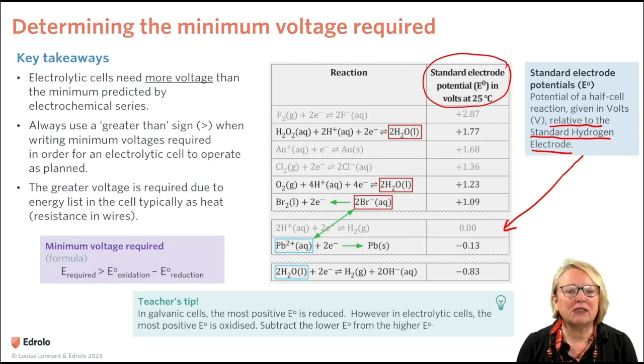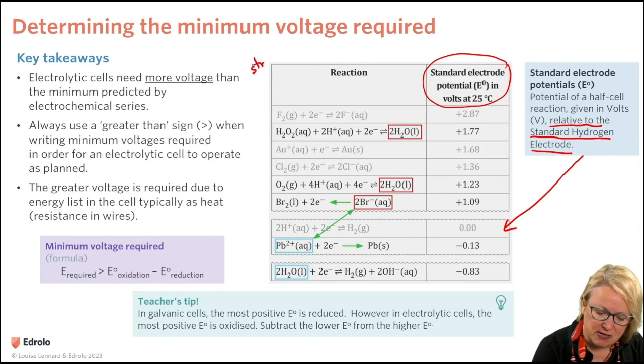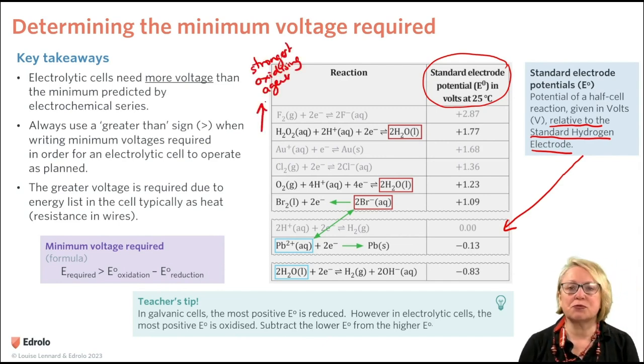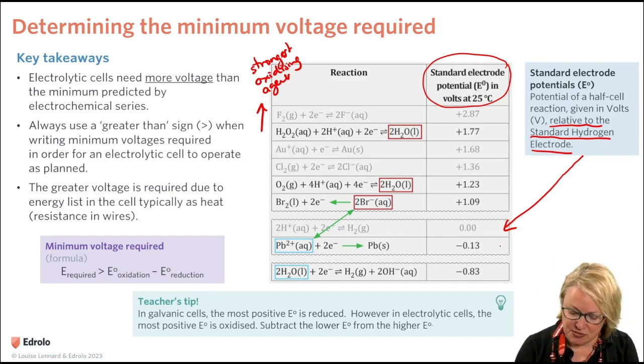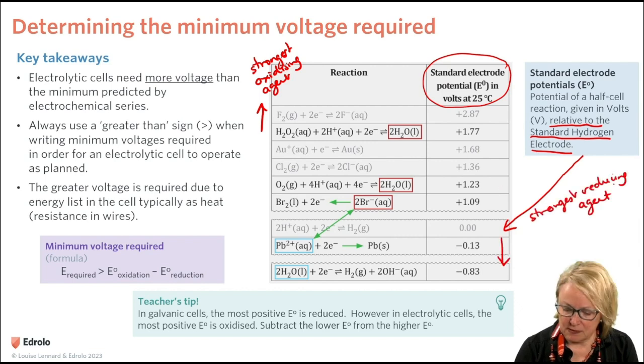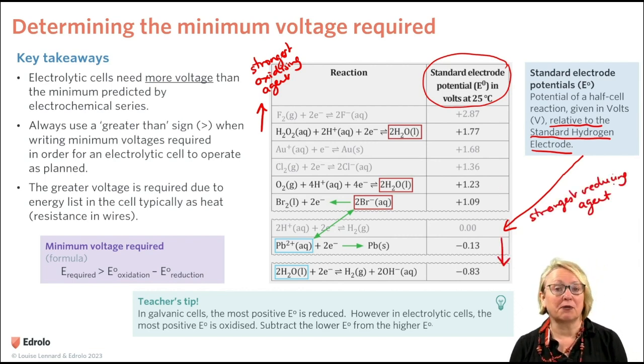Now, when we looked at galvanic cells and fuel cells, we identified the strongest oxidizing agent and the strongest reducing agent. We're going to do that same thing for the electrolytic cells. So the strongest oxidizing agent is found towards the top left of the electrochemical series, and the strongest reducing agent is towards the bottom right.